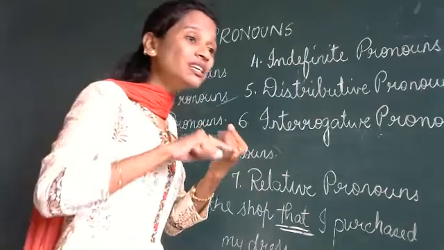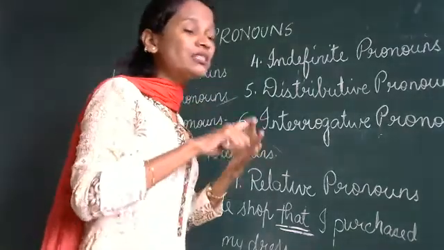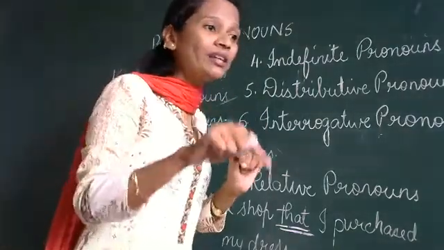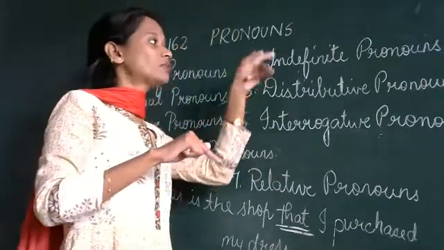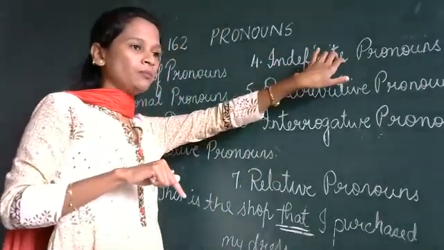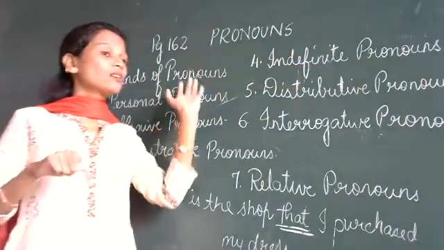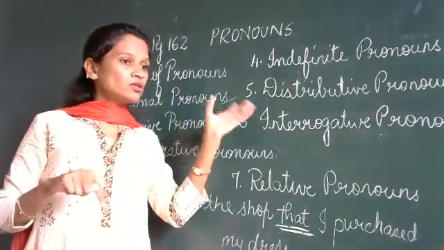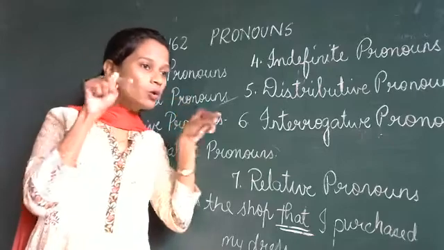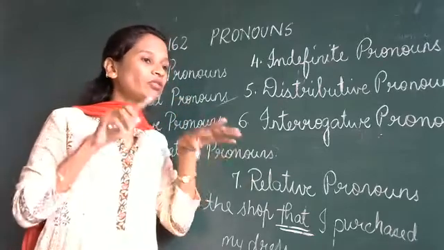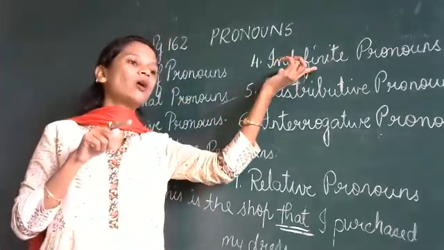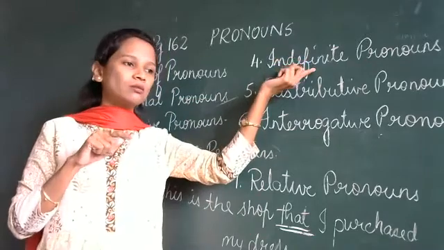So the words this, that, these, those that are used to point a noun are called as indefinite pronouns. Those boys are fighting. These are our school bus. So when you point out to certain things, that is called as indefinite pronouns.